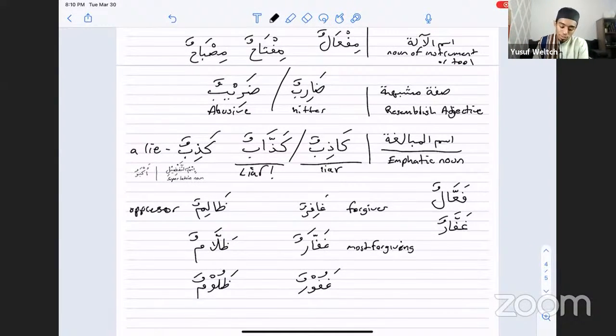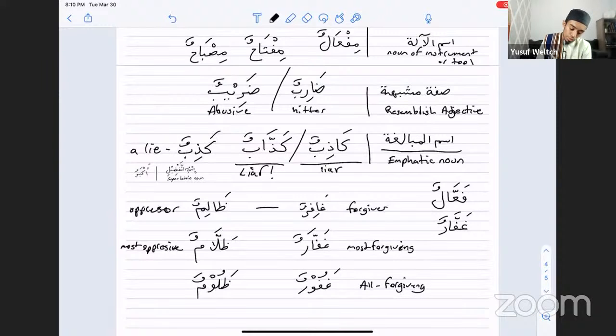So the first one is ismul fa'il. You have some quality being ascribed, but not in any emphasis. Then ghaffarun, dhallamun would be most oppressive, you can say. And then ghafurun and dhalumun, ghafurun would be all forgiving. It's all encompassing.